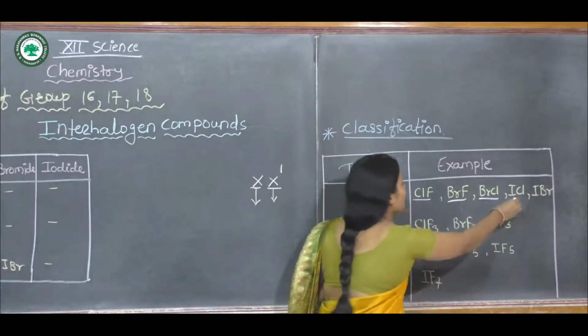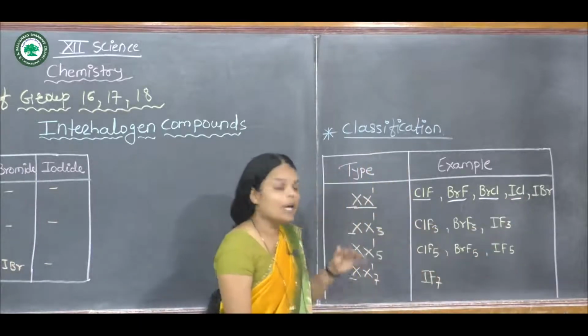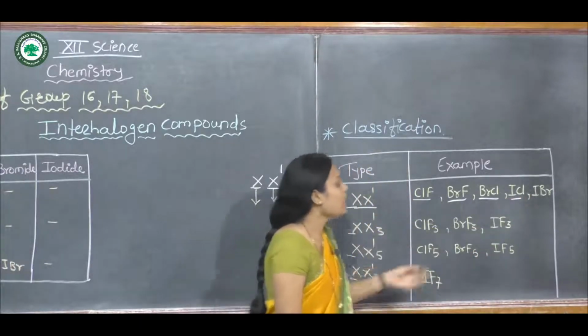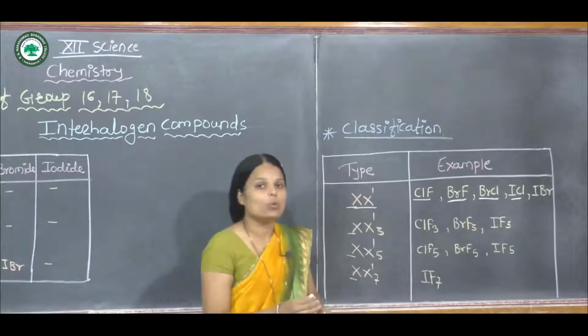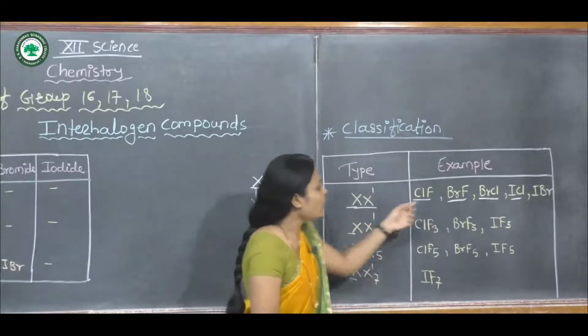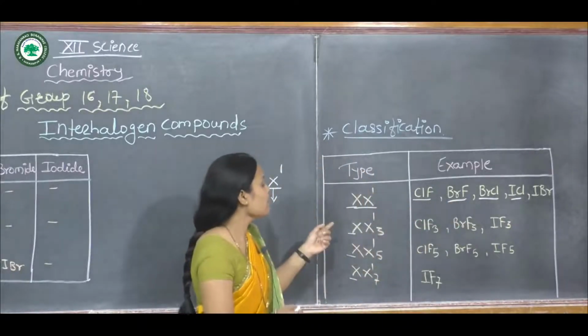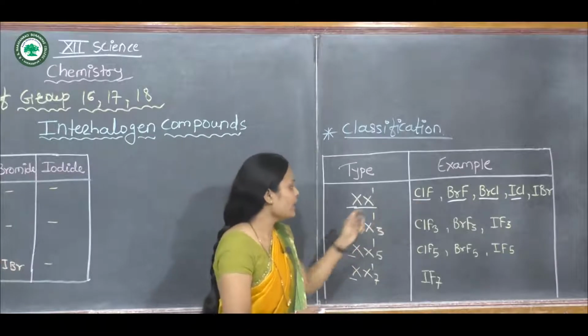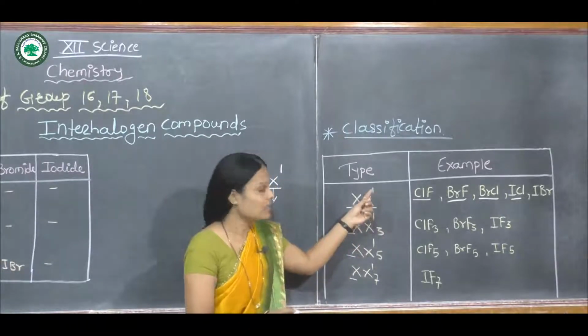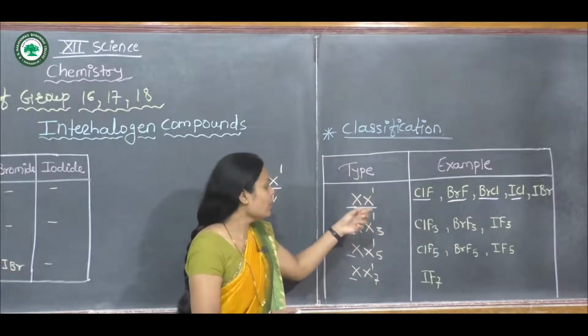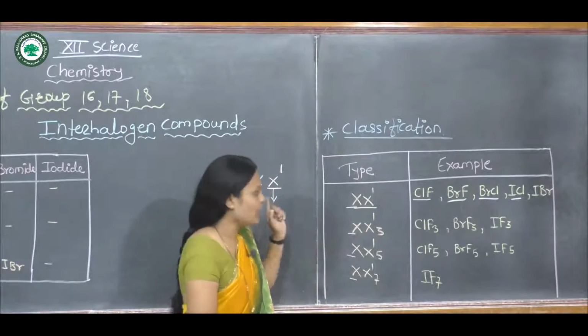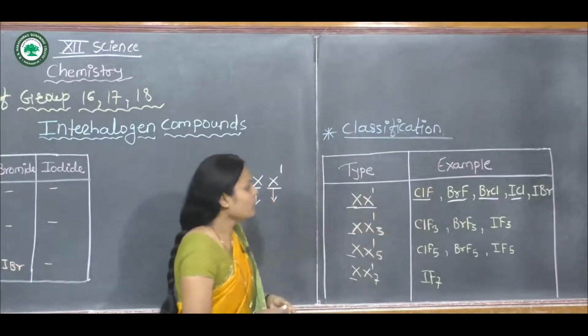Here is ICl, iodine chloride. Then IBr, iodine bromide. All of these 5 examples are the X X dash type of interhalogen compound.